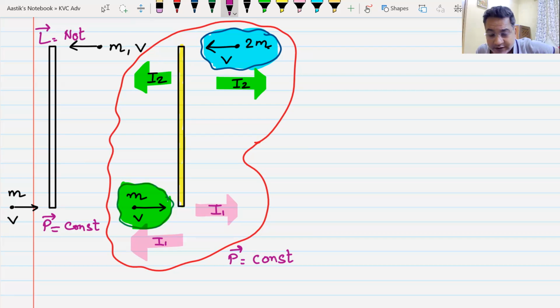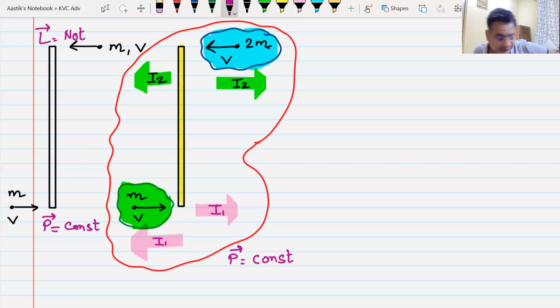Now, angular momentum of this system, is it constant or is it not constant? It's not constant, sir.